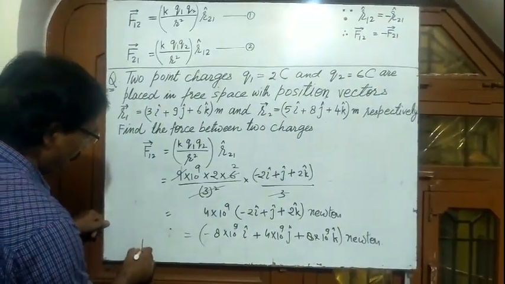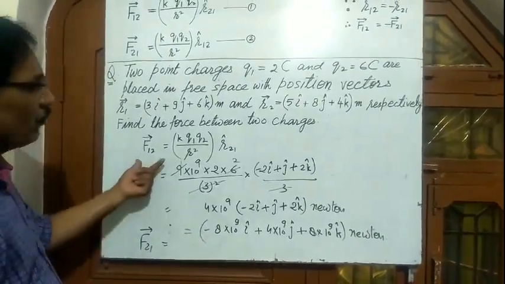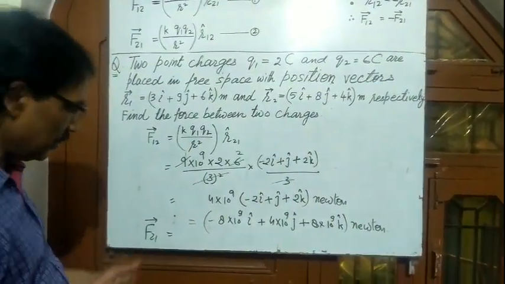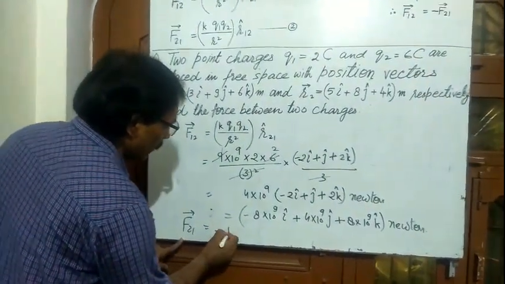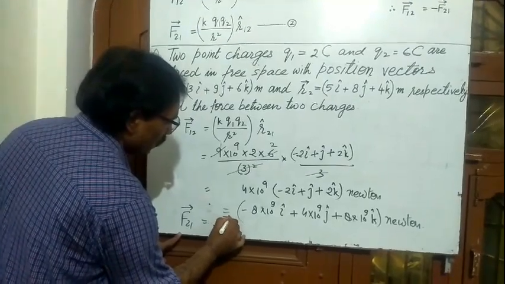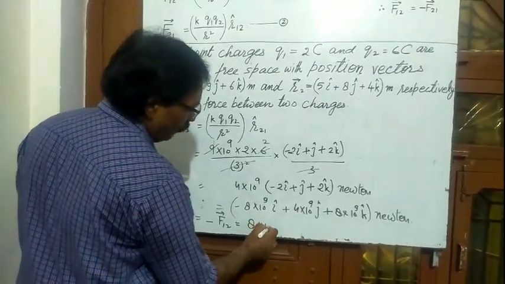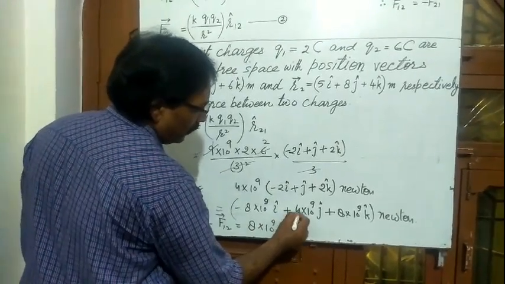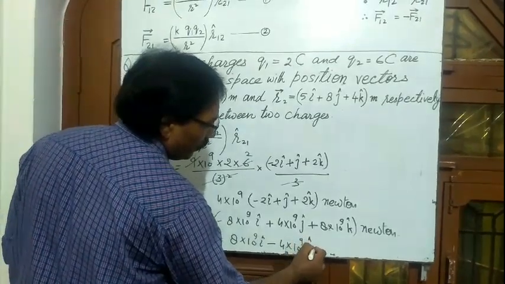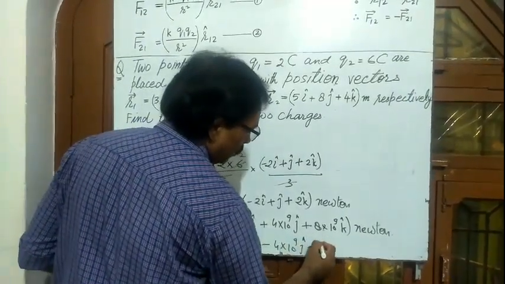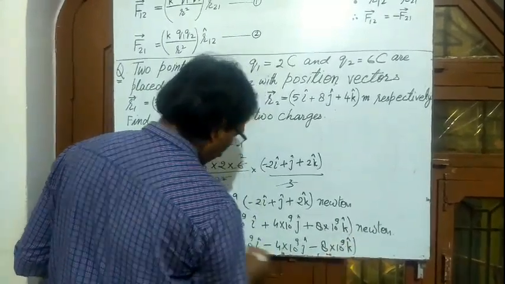Similarly, we can find F21. This F21 will be the same in value. The only difference is of sign, because F21 is equal to how much? Minus F12. So we will change the sign. This will become plus 8 into 10 to the power 9 i cap, minus 4 into 10 power 9 j cap, and minus 8 into 10 power 9 k cap Newton.